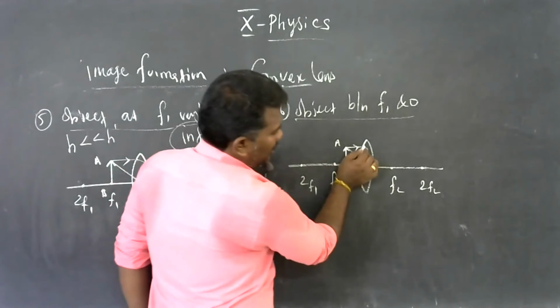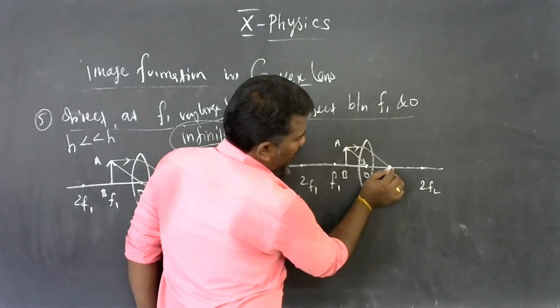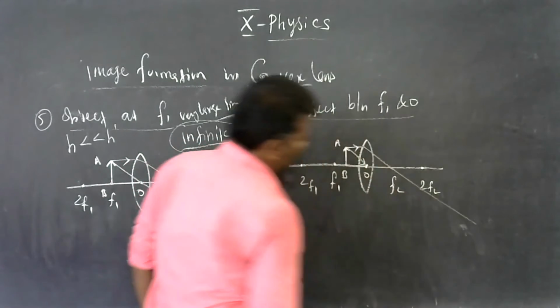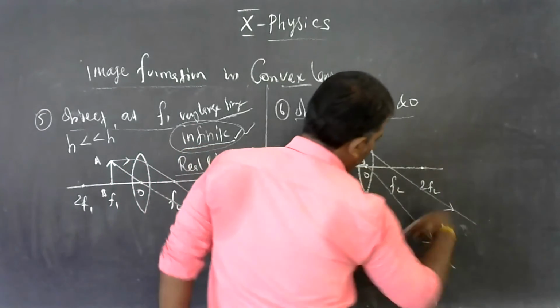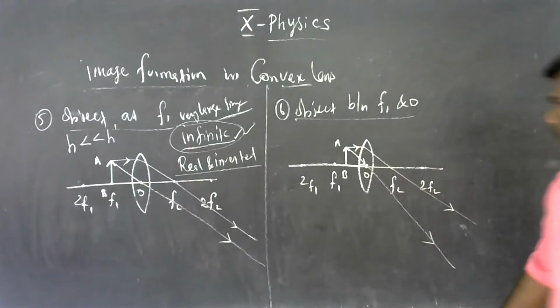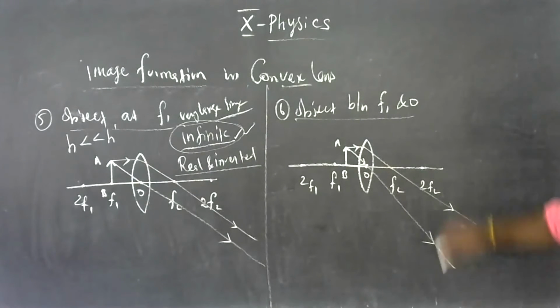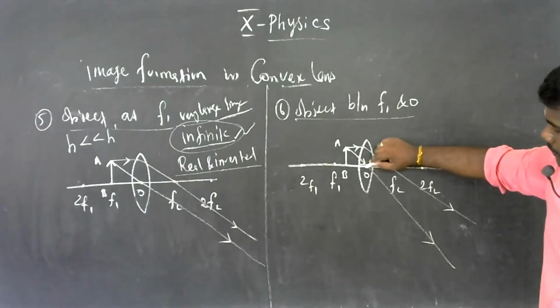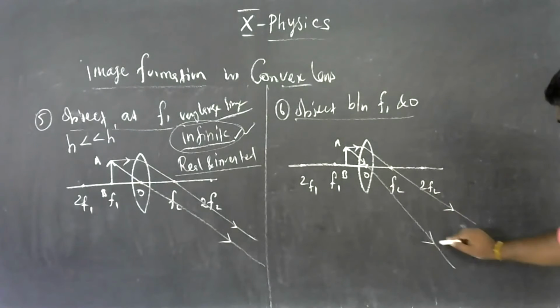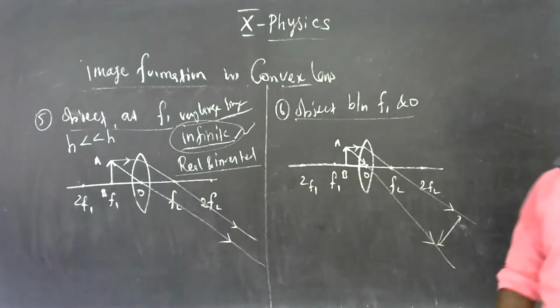This parallel ray, after getting the refraction, passes through the point F2, and this light ray moves like this. So see, this refracted light ray is passing through the point F2, and this undeviated ray is passing through the point O. These two refracted rays are diverging from each other.